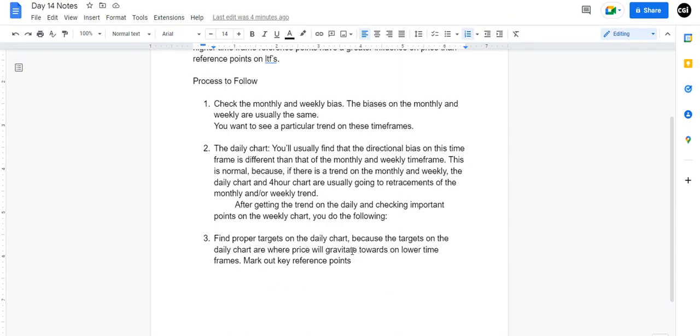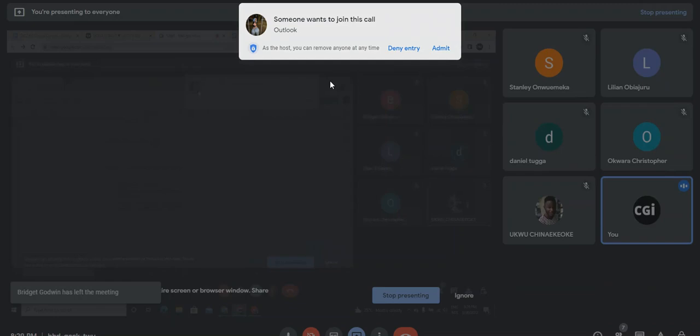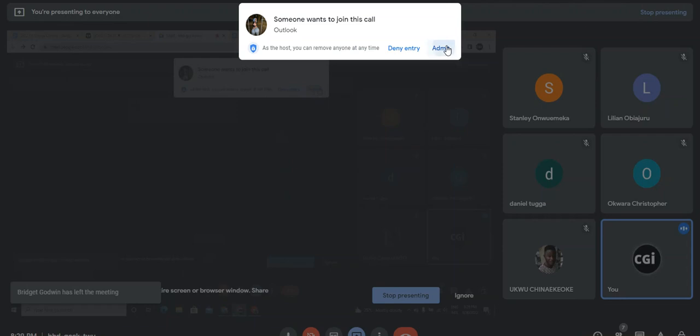If you go down to the 4 hour charts, you usually find that there isn't much difference from the daily chart.